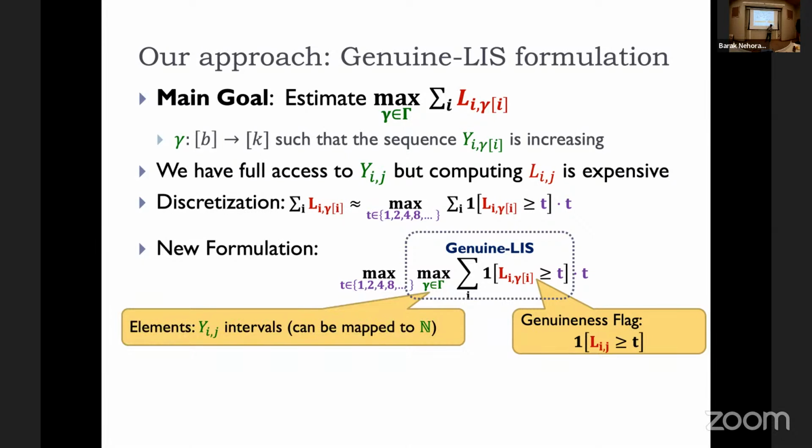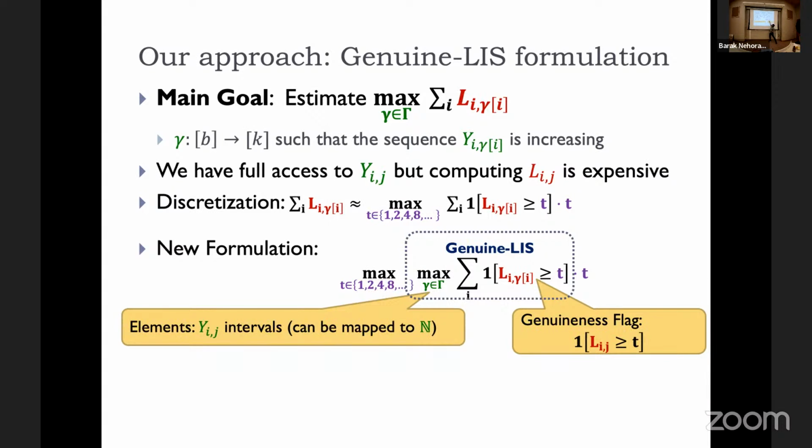Formally speaking, it's a generalization of the LIS problem where we don't have characters which have a total order, but we have intervals which do not have a total order. It does create some problems. But it turns out that we can map these intervals back to integers to reduce back to the LIS over integers, which is another approximation. But it's possible.